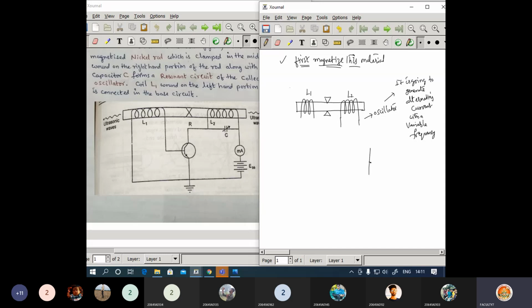Let's take this as a DC current here, whatever may be the value. This is the highest value. If you take this as 5 amps, not exactly, just for the example, then this is a DC current.